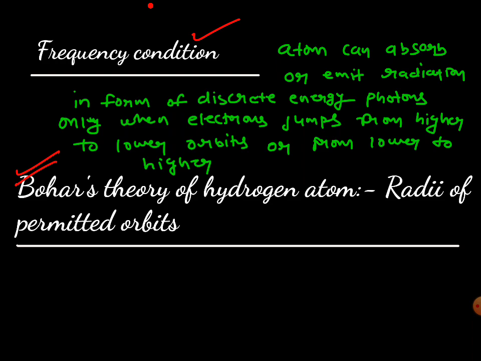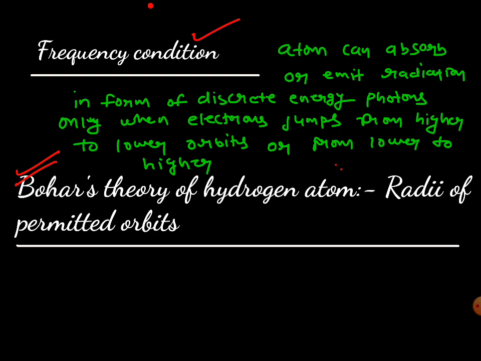Whenever it jumps from the higher energy level to the lower energy level, it always emits energy. The tendency of the electron is to go to the lower energy state. Once it gains energy, it jumps to the higher energy orbit, but after some time it releases energy and comes back to the lower energy state.